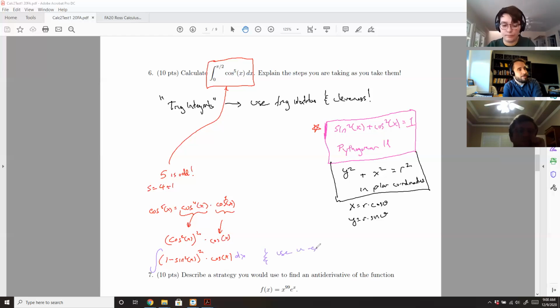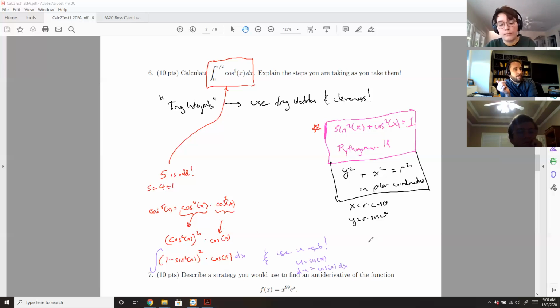Use U substitution, right? Bunch of stuff involving sine, and then there is a single derivative of sine, the cosine, times dx. So in this case, we could let u equal sine of x. We could let du equal cosine of x dx.